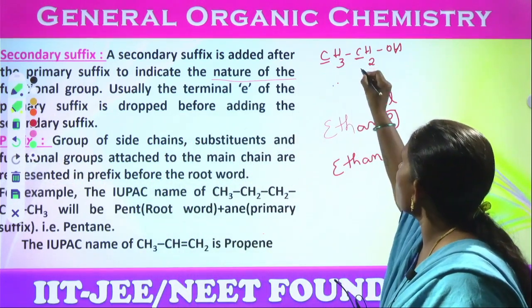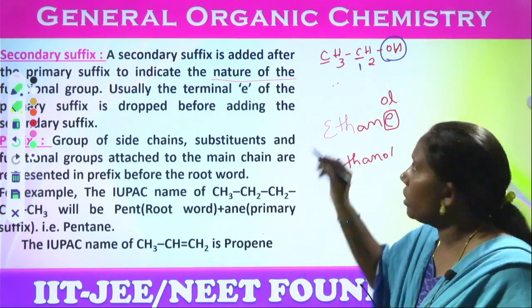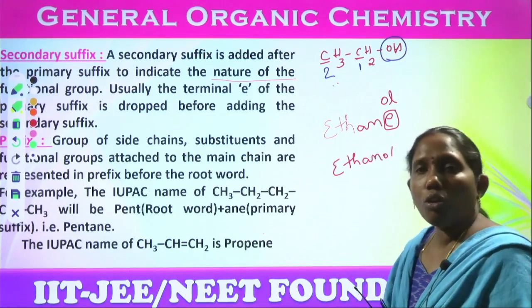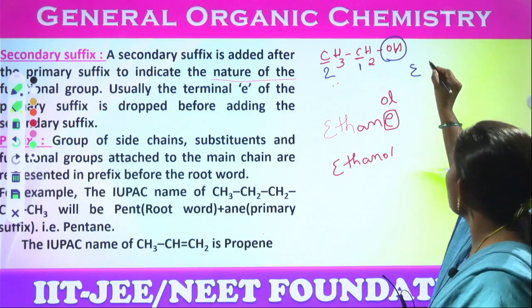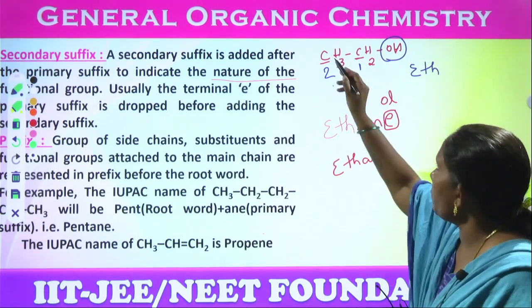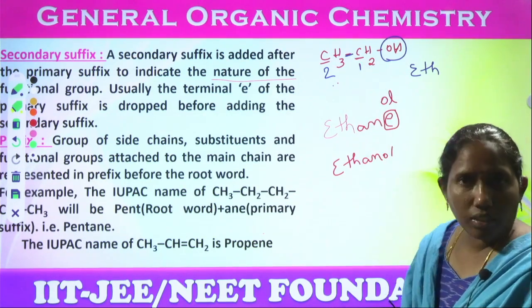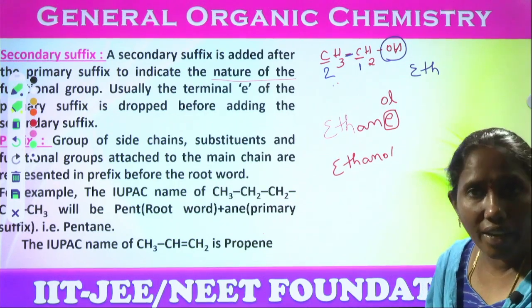The functional group attached one we always give the first numbering, so 1 and 2. 2 carbons represents eth. And between carbon and carbon, only a single bond is present.